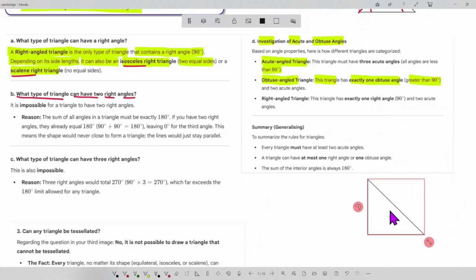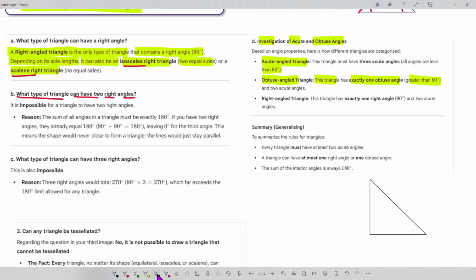Now look, this is a right angle, here is a right angle, but look, this angle and this angle are acute angles, right?